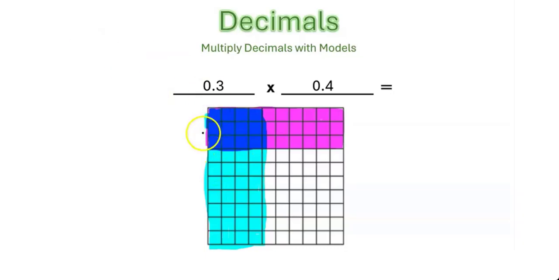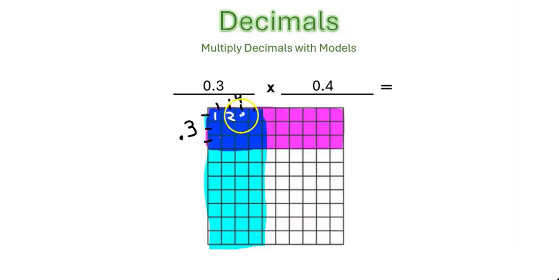Okay, so let's look at this. This is 0.3. See, there's 1, 2, 3 rows. That's 3/10. And up and down is 4. This is 0.4. 1, 2, 3, 4. So my answer is where they overlap. I don't know about you, but I think that is so cool.